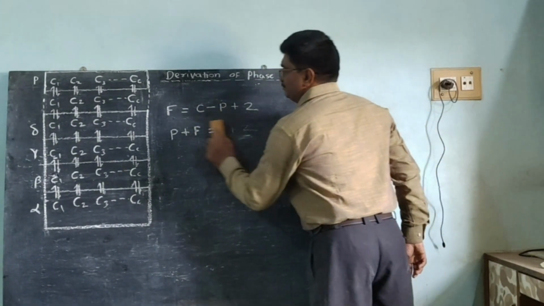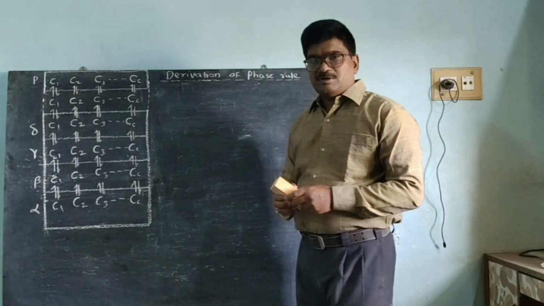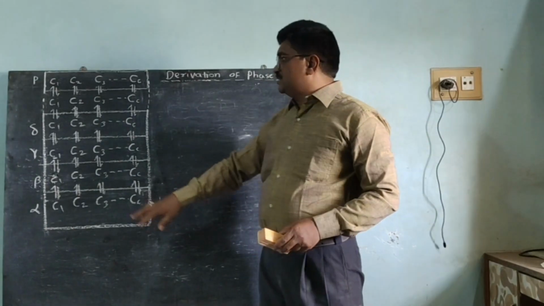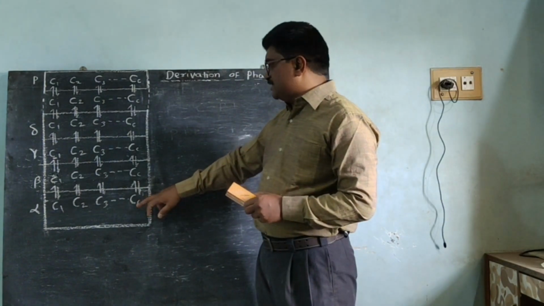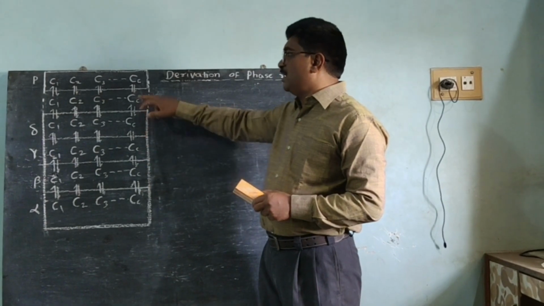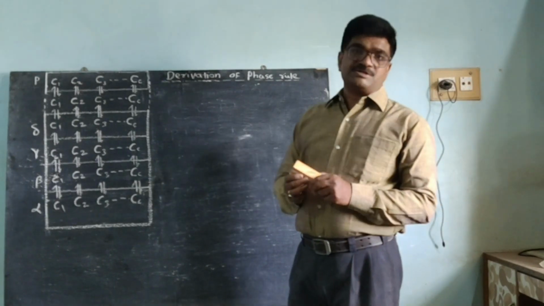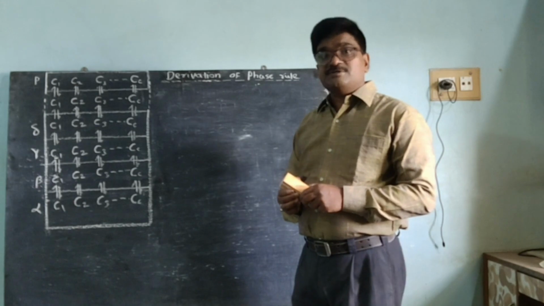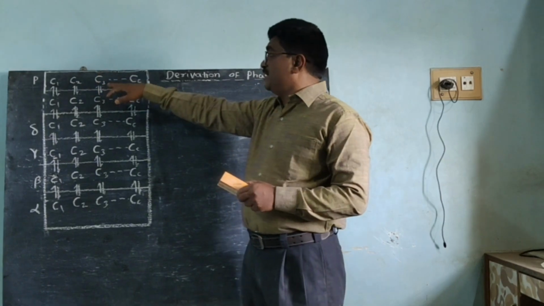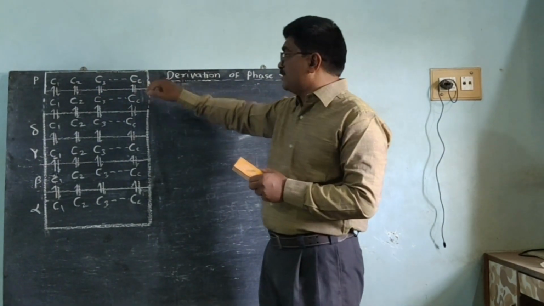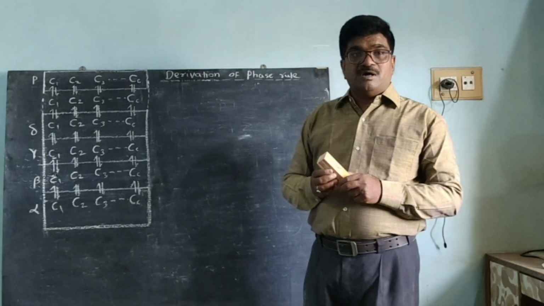Now let us try to derive this relationship. For this purpose, we have to consider a general heterogeneous system having P number of phases, that is alpha, beta, gamma, delta, up to P phases, and in each phase C number of components, namely C1, C2, C3, up to C. So the total number of components is C, which are distributed among these phases.